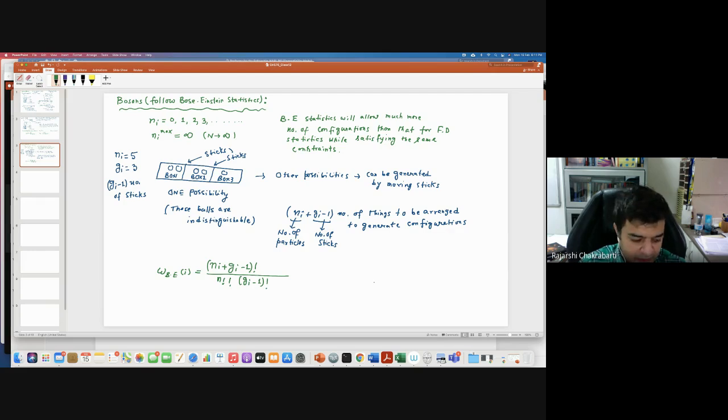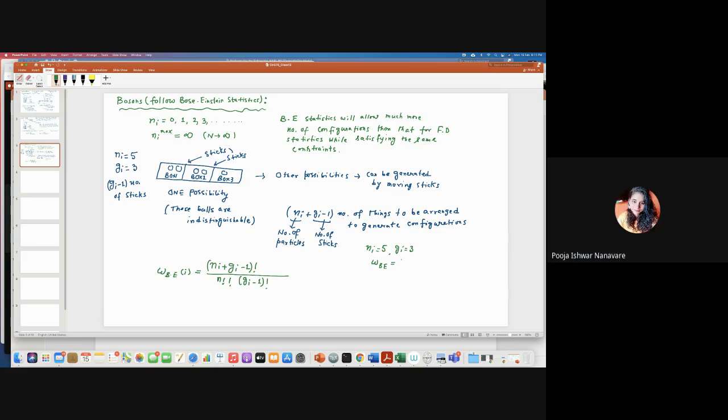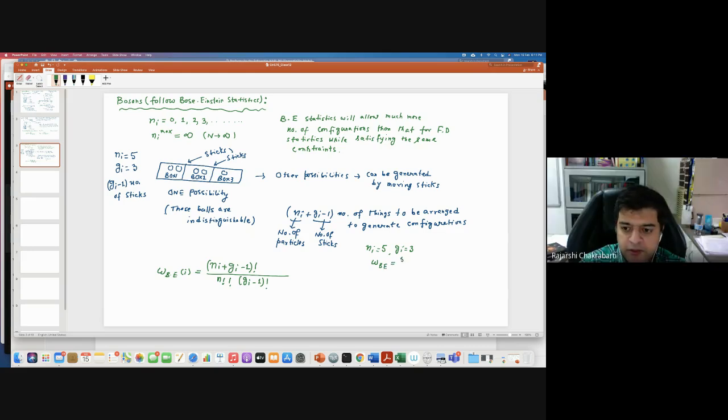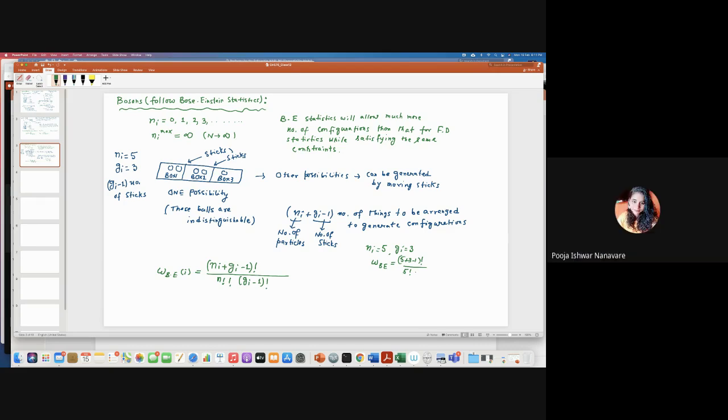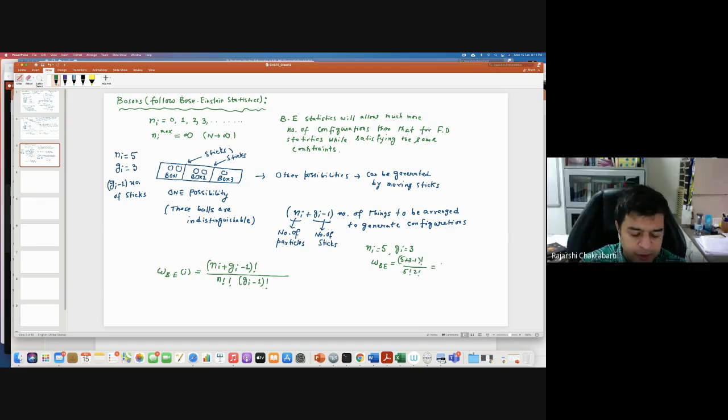In this case, when ni is 5 and gi is 3, what will this value be? It is going to be 5 plus 3 minus 1, 7 factorial, divided by 5 factorial into 2 factorial. If you calculate, this is 21. So there are 21 possible arrangements.